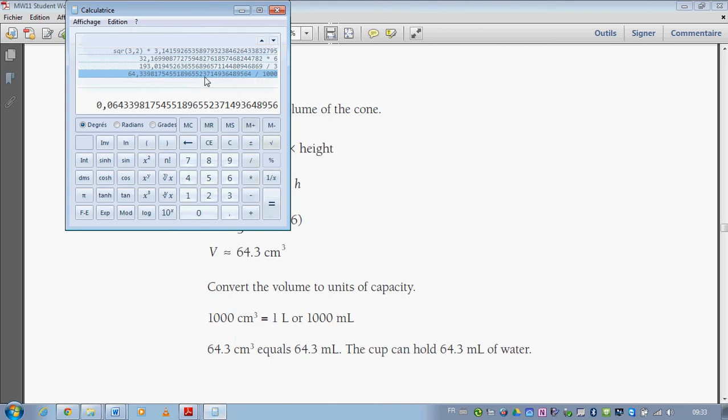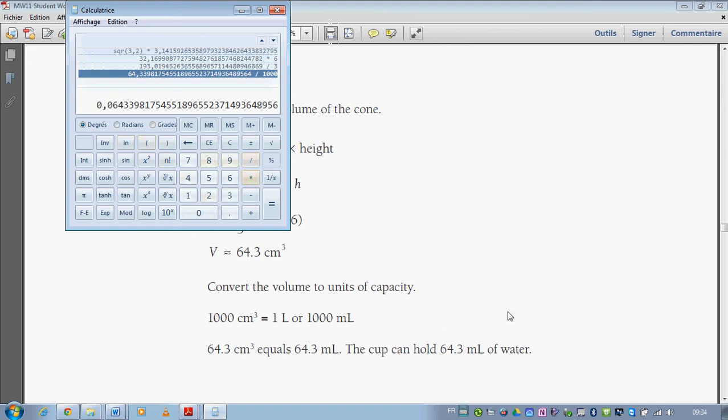So here was the volume, 64.3, and that's what they wrote here. That is the answer in terms of just the volume. But to convert it to capacity, I divided it by 1,000, and I got 0.064 liters. And 0.064 liters is indeed 64.3 milliliters.